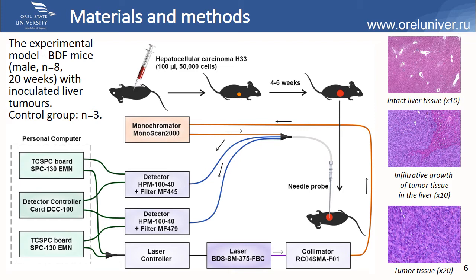To measure both fluorescence intensity and lifetime, we used a time-correlated single photon counting system by Becker and Hickl. It included two photomultiplier detectors, a 375 nanometers laser, and a monochromator to excite fluorescence at 365 nanometers. The laser source and the detectors were connected to the specially designed fiber needle probe.